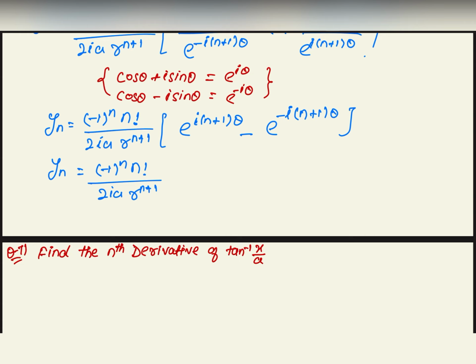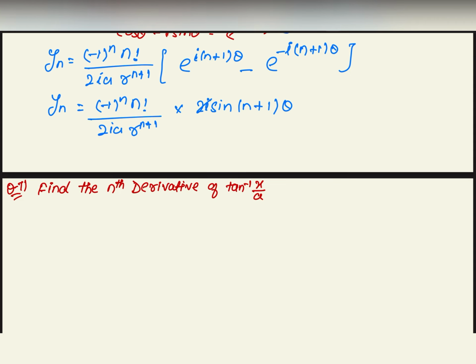और ये e के पावर i थीटा, आप ये दोनों को प्लस करेंगे तो आप देखेंगे 2i sin थीटा बचेगा. सो 2i sin n प्लस 1 थीटा. ये दोनों को ऐड कीजिएगा तो आएगा e to the power i थीटा प्लस e to the power minus i थीटा इज इक्वल टू 2i sin थीटा.